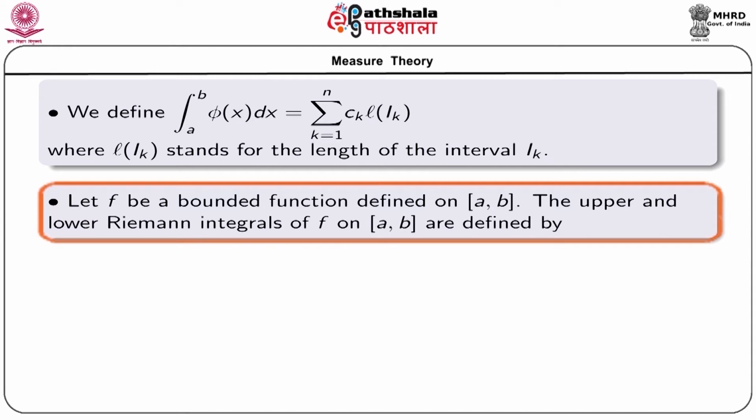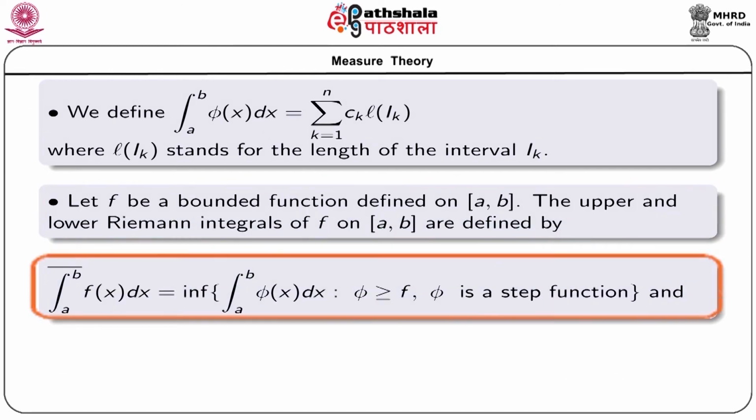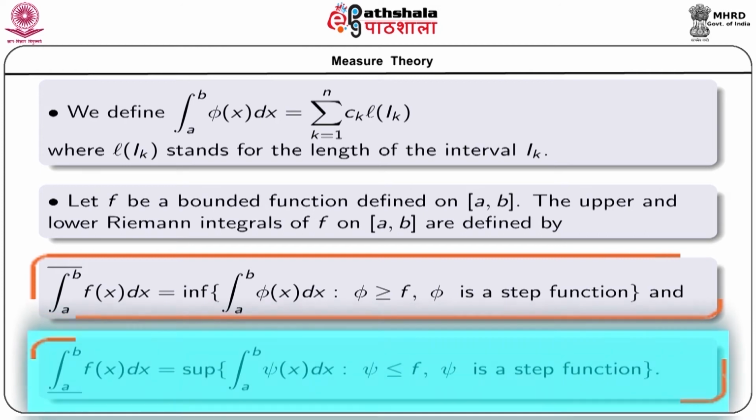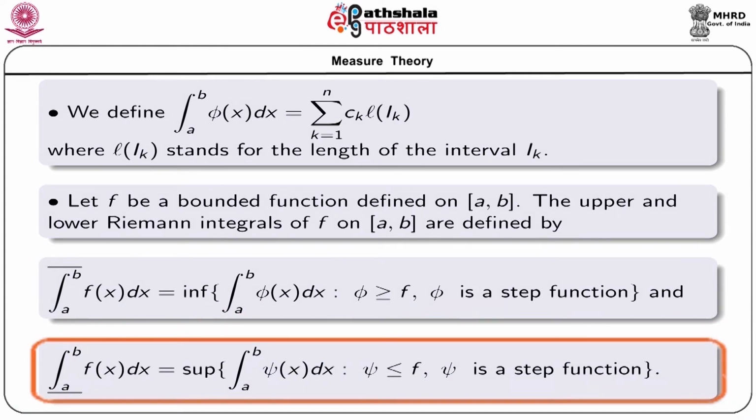So, the upper and lower Riemann integrals of f on the closed interval [a, b] can be defined in this way: the upper integral from a to b of f(x) dx is equal to the infimum of the integral from a to b of phi(x) dx, where phi is a step function and phi is greater than or equal to f, and the lower integral from a to b of f(x) dx can be defined as the supremum of all integrals from a to b of psi(x) dx, where psi is a step function and psi is less than or equal to f.